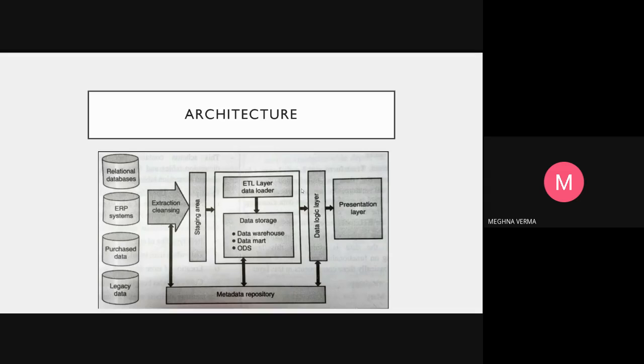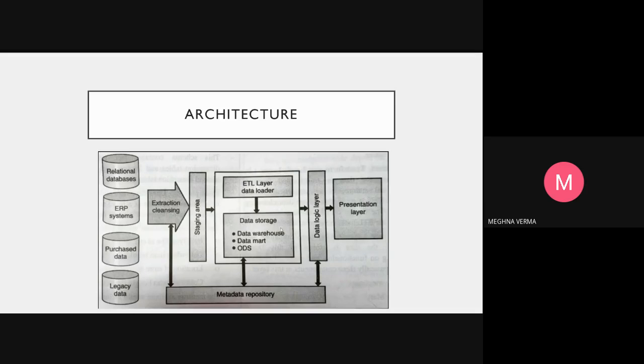We'll see about this in the next slide. And then the data storage layer. Depending upon the functionality and scope of the system, there are three major components present in the data storage layer: data warehouse, data mart, and ODS, that is, operational data store.